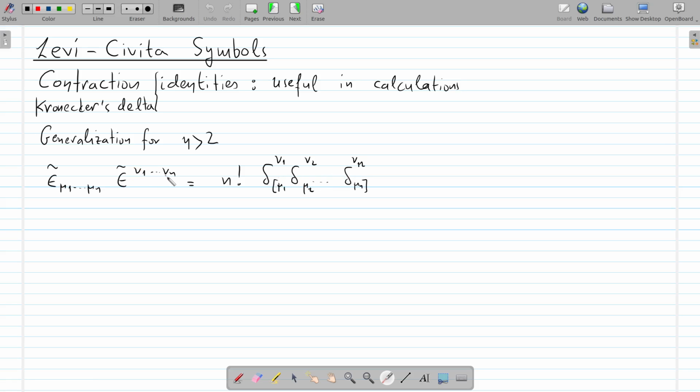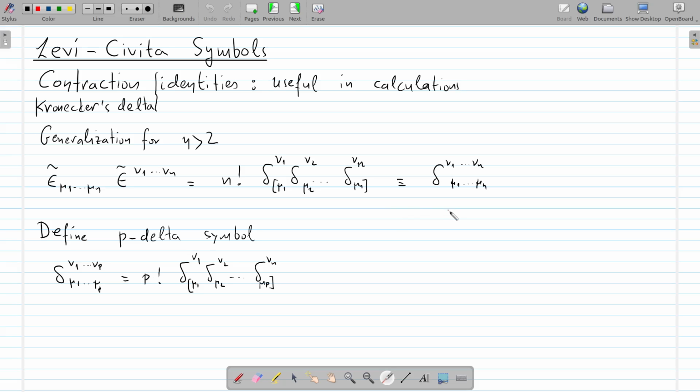Now the indices here upstairs are put in the order of the epsilon symbol with the indices chosen to be upstairs, and then the indices downstairs, mu1 through mu-n, are anti-symmetrized. So here we have 1 over n factorial times the products of these with all indices mu1 through mu-n permuted and multiplied by the sign of the permutation. So this n factorial put here cancels the 1 over n factorial from the operation of anti-symmetrization.